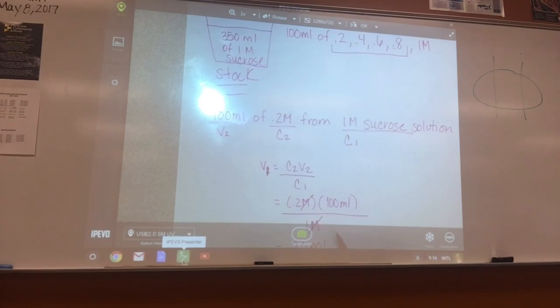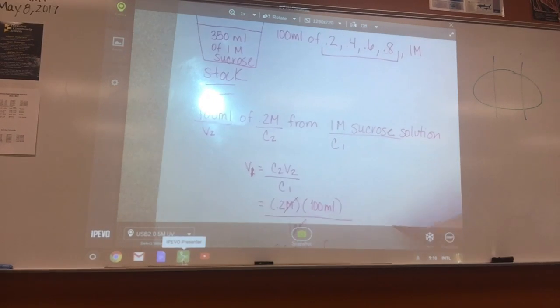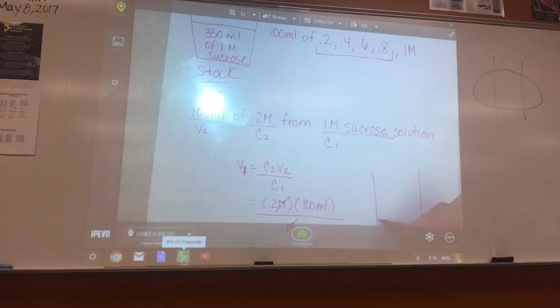20 milliliters. So we are going to need, out of this 350, 20 milliliters of the stock solution. So what does this mean? You want, in your cup, 100 milliliters of a 0.2 molar solution.